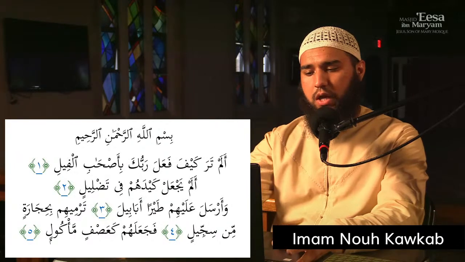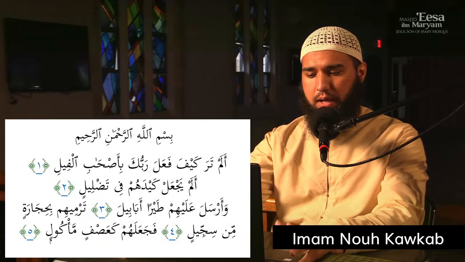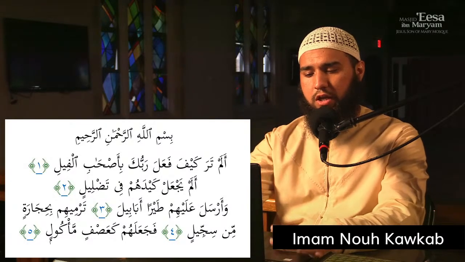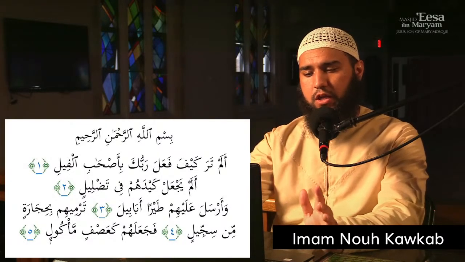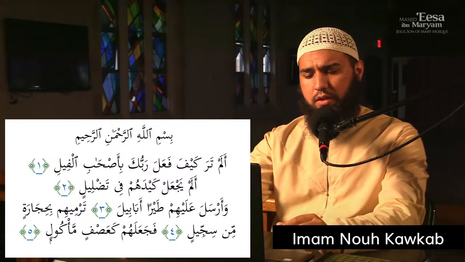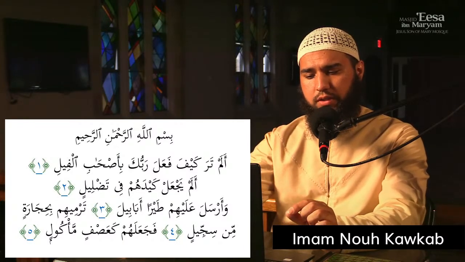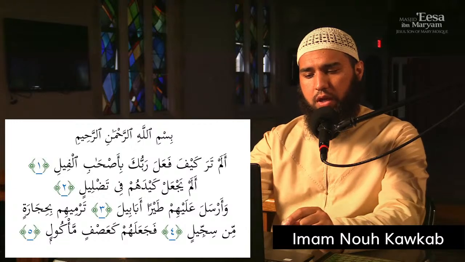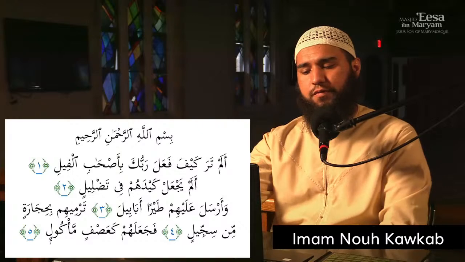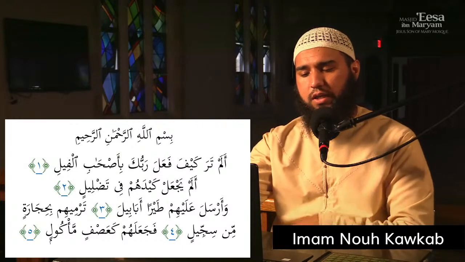Right? Then we have the ba, ha, jim, alif, ra, ta, all mentioned. Bihijaratin. And after hijaratin, we have a tanween here on the last letter ta. And the next letter is mim. So again, we have here rules of nun sakin and tanween.